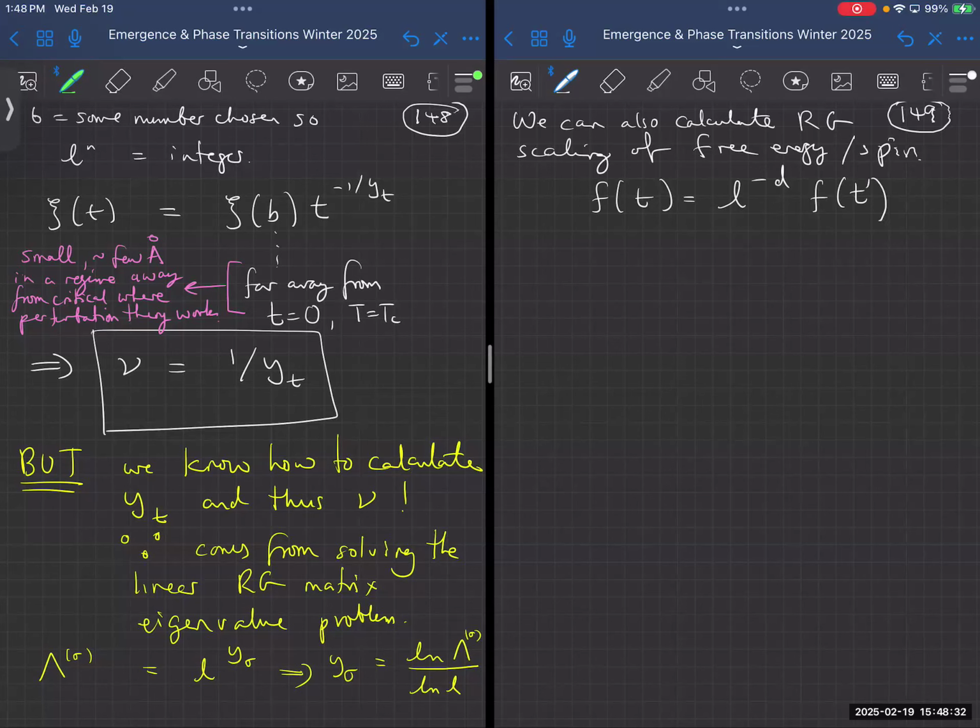So as before, I do n iterations. And then I get F of T is equal to T over B to the D over Y sub T, F of B. So I've done n iterations and I choose L as before.